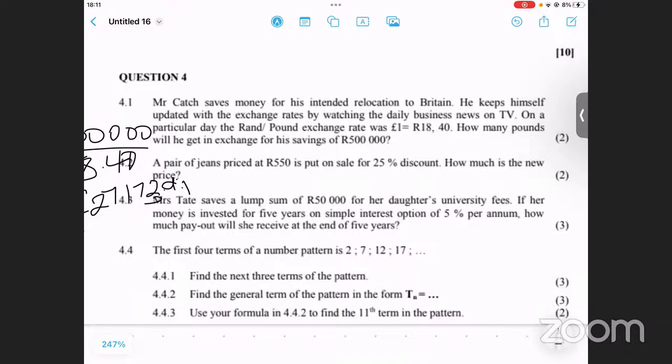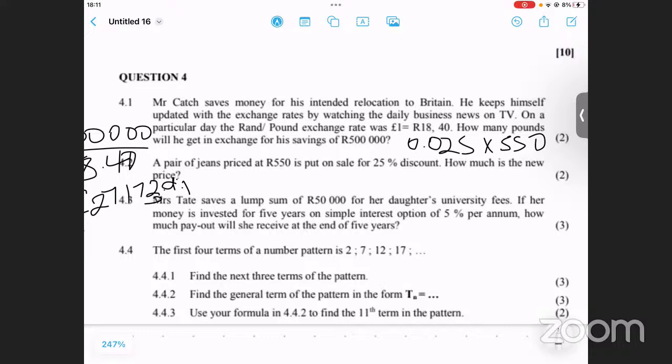Ma'am, you're going to take the percentage and put it over 100, and then you're going to say times 550. So 0.025 times 550 will give us, let me just calculate. Okay, but before you calculate, why are we having 0,025?